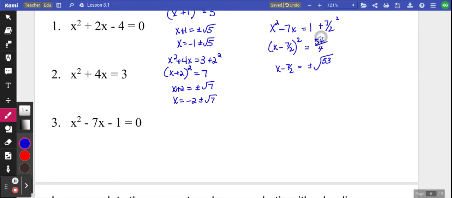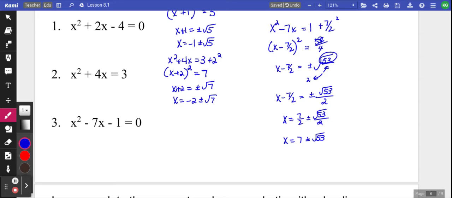The 4 can come out as a 2, and the 53 gets circled. So I have x minus 7/2 equals plus or minus square root of 53 over 2. Then add the 7/2 in front. These are like terms, so now I'm going to combine it for a final answer of 7 plus or minus the square root of 53 all over 2.